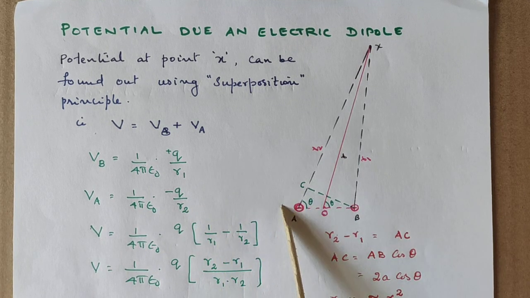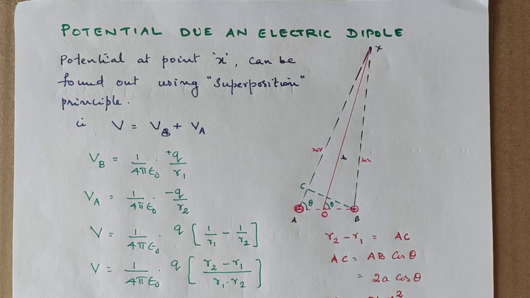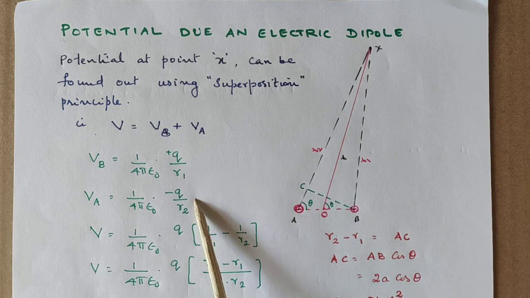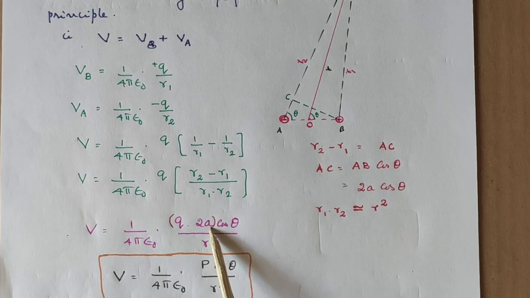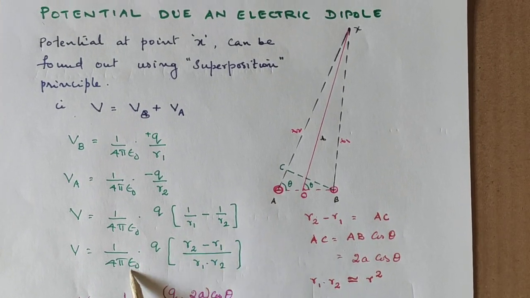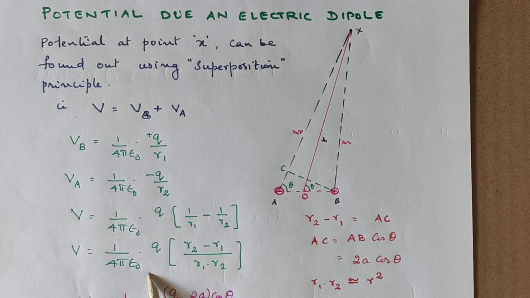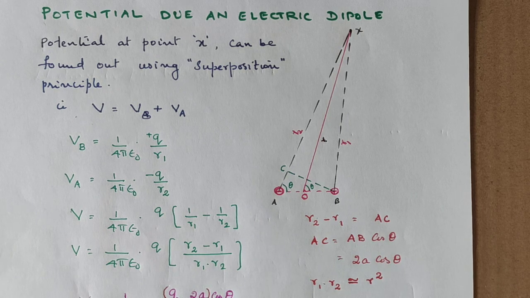As the charges are negative small q and positive small q, we consider them accordingly. Solving, we get one positive potential and the other negative potential. We solve it and come to this point: V equals 1 by 4 pi epsilon 0 into Q into (R2 minus R1) by R1 into R2.